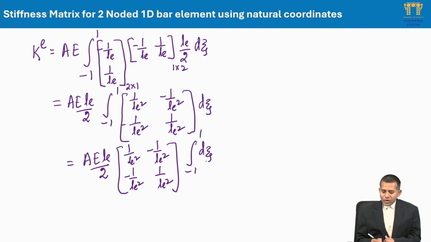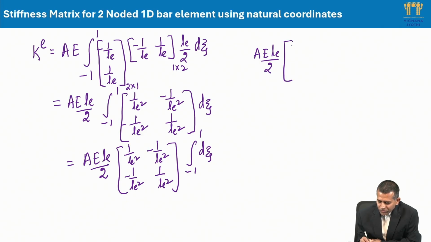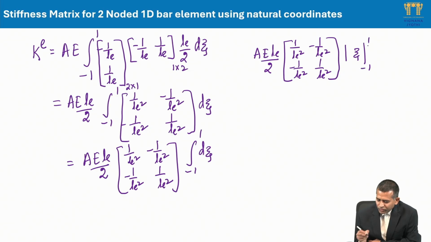Now you integrate this zeta and put the limits from minus 1 to 1.